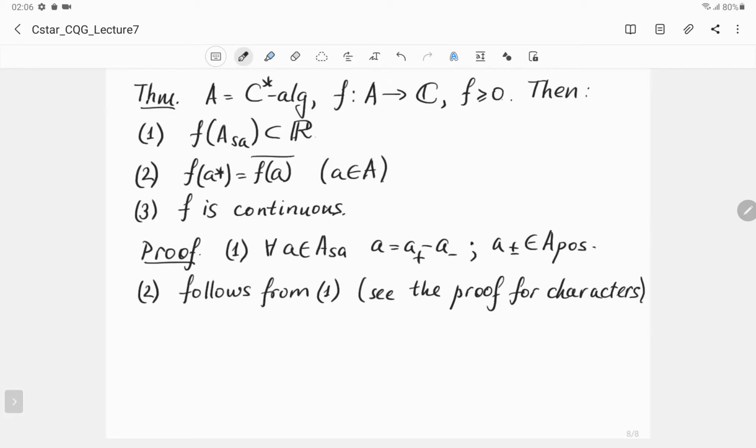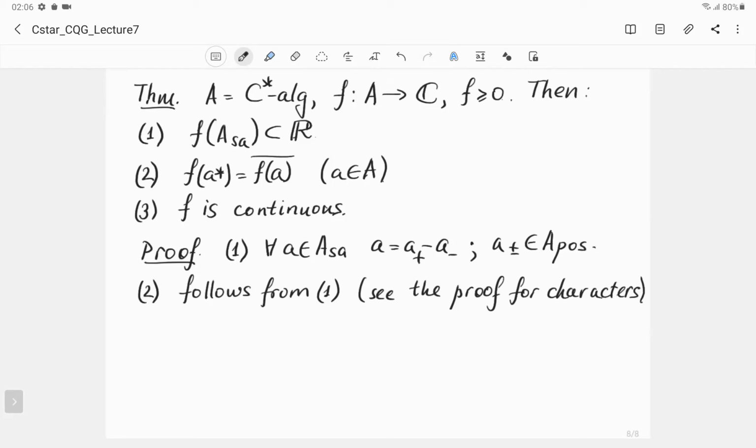So basically, we take A, we represent A in the form B plus IC, where B and C are self-adjoint. And since A star is B minus IC and F of B and F of C are real, this implies that F of A star equals the complex conjugate of F of A.